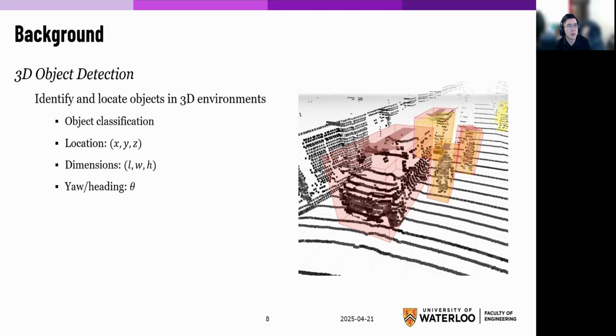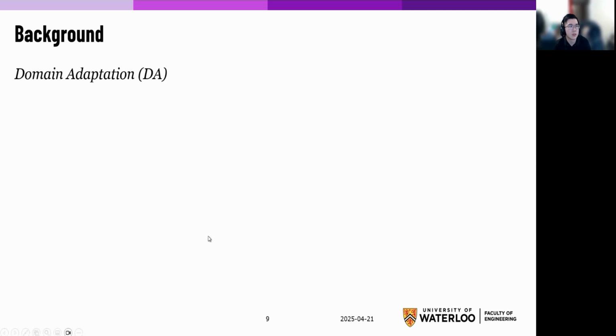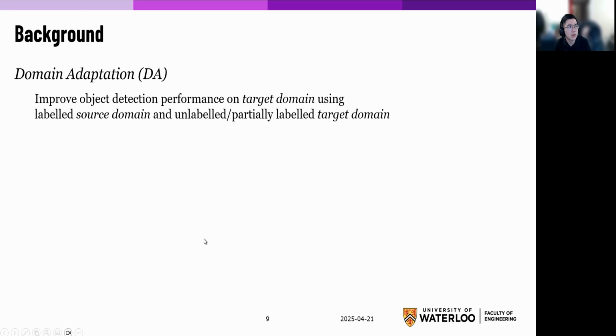Now, because of the aforementioned problem with the different scanline patterns and different point cloud distributions resulted from different LiDAR sensors, this 3D object detection is going to have different performance when applying to a different sensor compared to its training distribution. And this is the problem of domain adaptation that we're interested in.